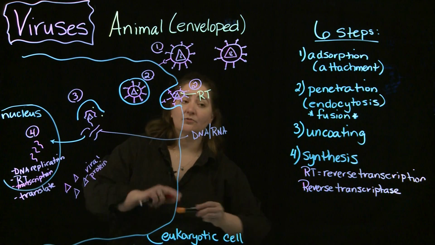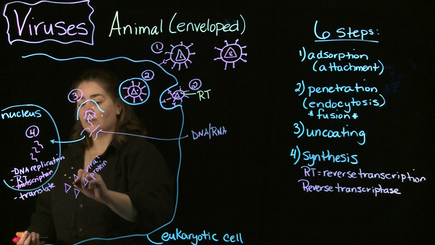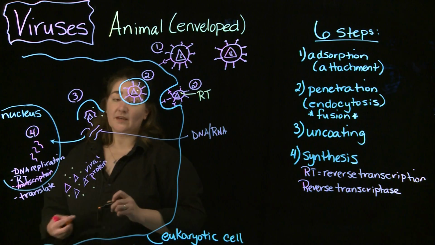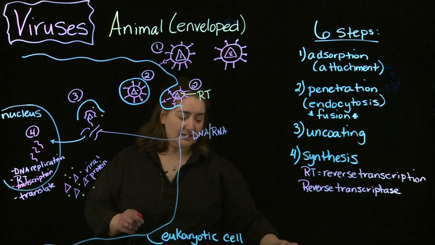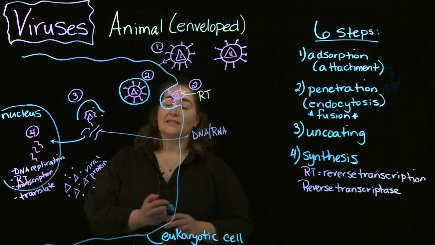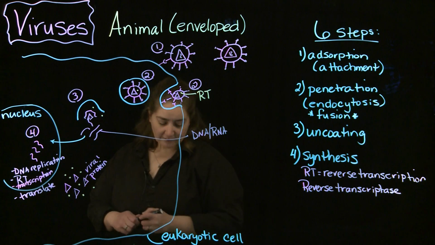So if reverse transcriptase was made and was part of this, that would also be made by the cell, okay? In terms of that, the synthesis, making the components that are going to be needed for that virus.